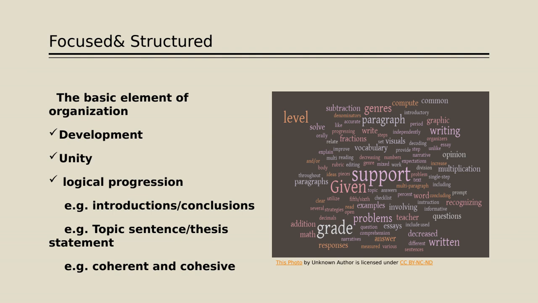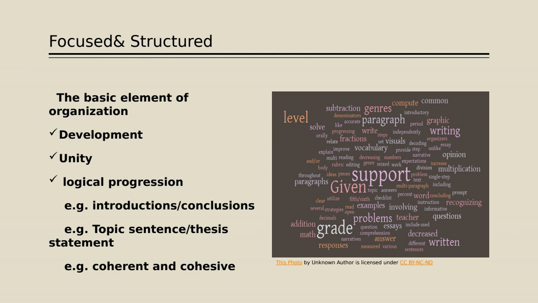And there should be logical progression of ideas, moving from one point to another. Each paragraph, how is it linked to the other paragraph? For example, if you have an introduction and a conclusion, how do they link?